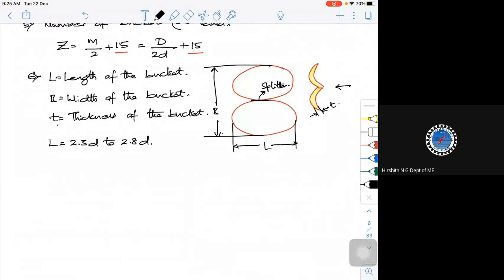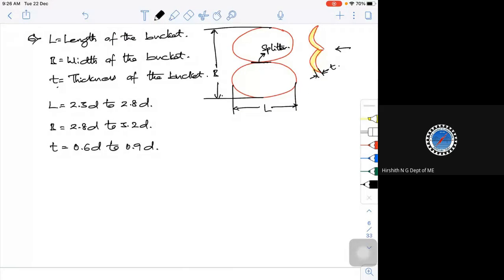Then B is 2.8 times the jet diameter to 3.2 times. Then thickness T is 0.6 times the jet diameter to 0.9 times, where d is the diameter of the jet.